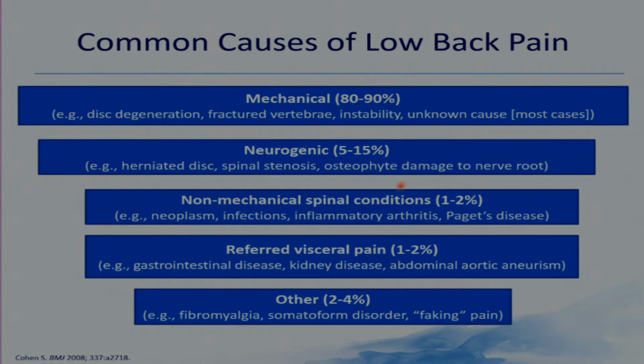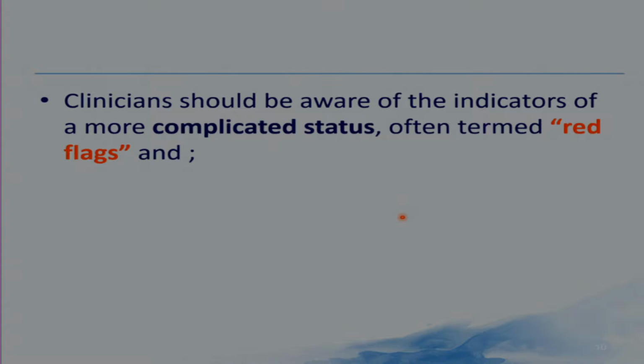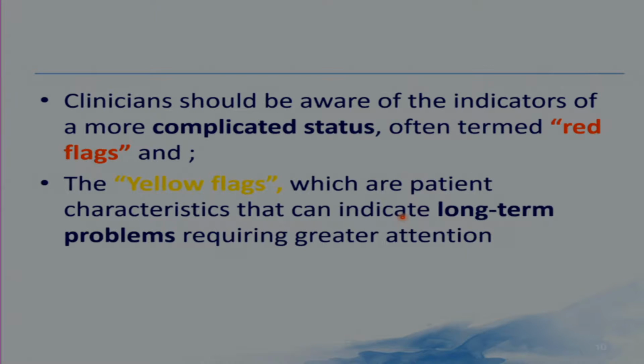Common causes of low back pain are mostly mechanical. So the challenge for the clinician is to distinguish that small segment within this large patient population who should be evaluated further to look for emergency and catastrophic causes. Clinicians should be aware of the indicators of a more complicated status, often termed red flags, and the yellow flags, which are patient characteristics that can indicate long-term problems requiring greater attention.